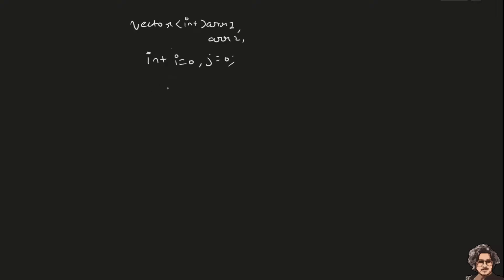We use a while loop to run this, till i is less than array1.size and j is less than array2.size.